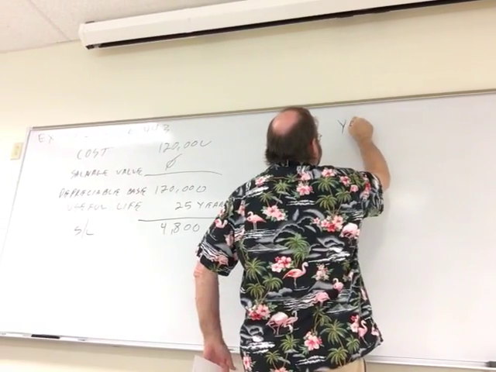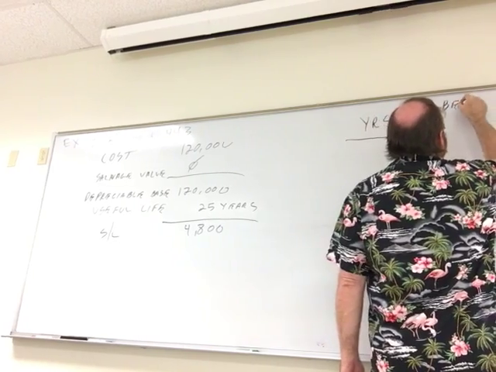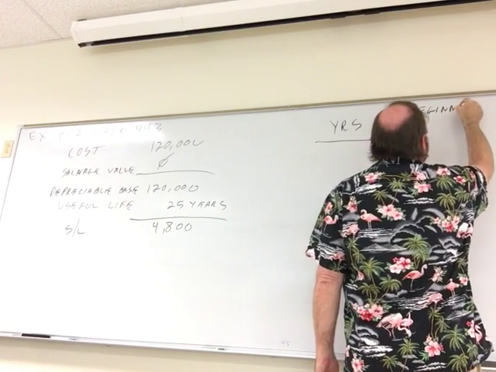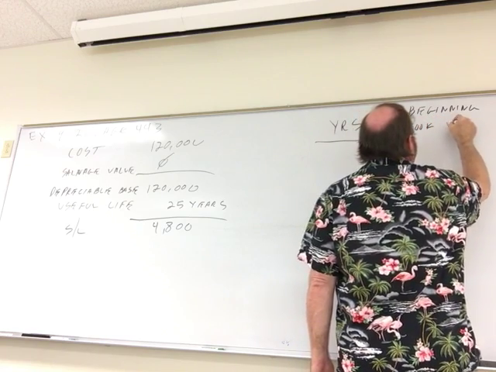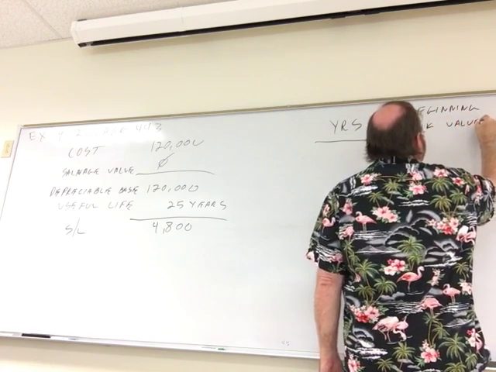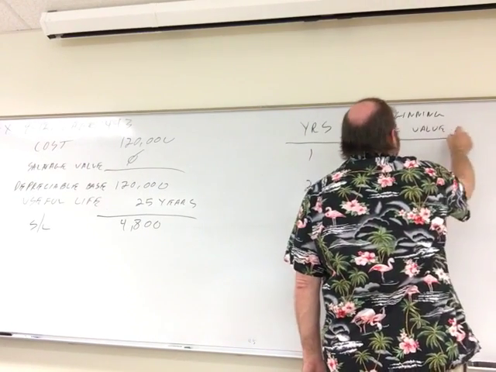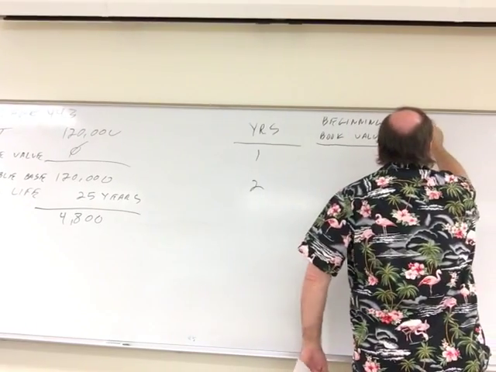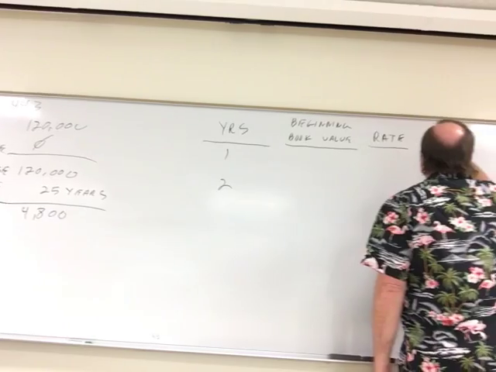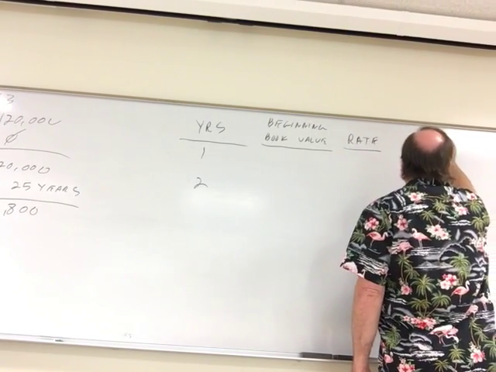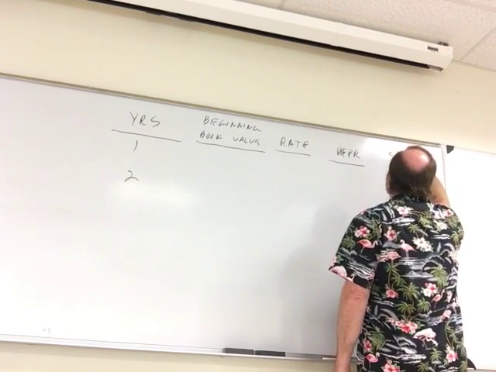The table is years, beginning book value, and we're only doing years 1 and 2 on this particular problem, a rate, and I'll talk about what the rate is here in a second, the depreciation expense, and then ending book value.